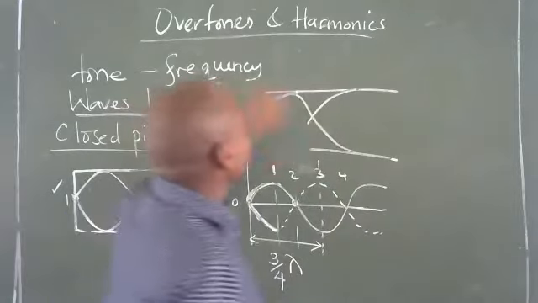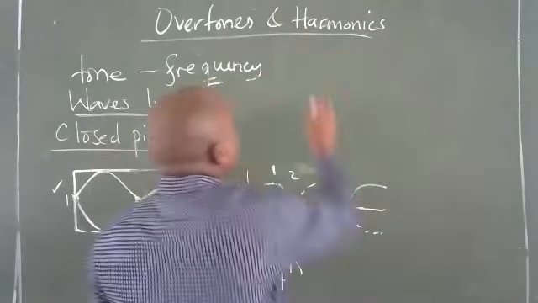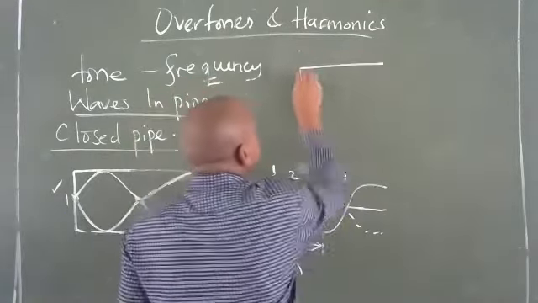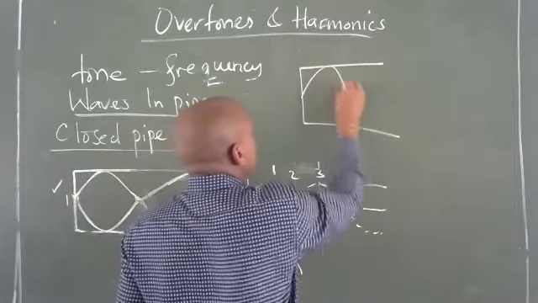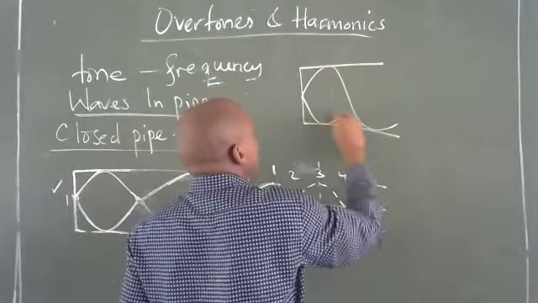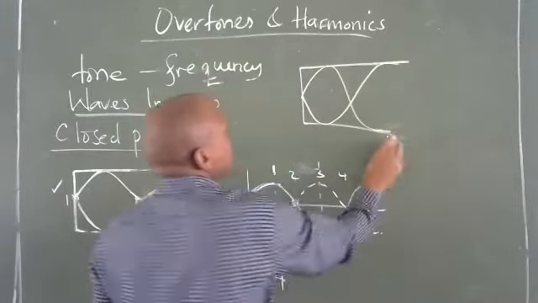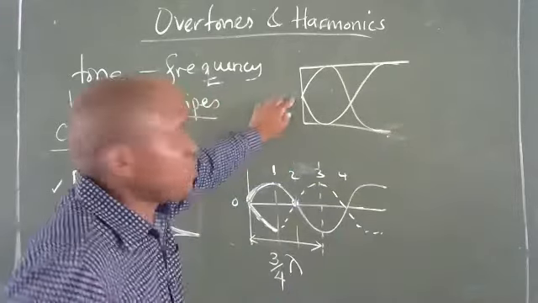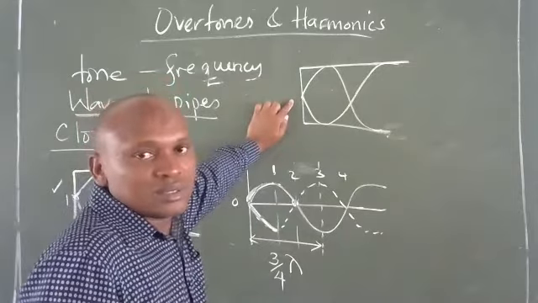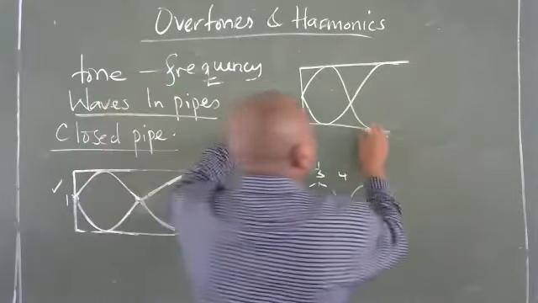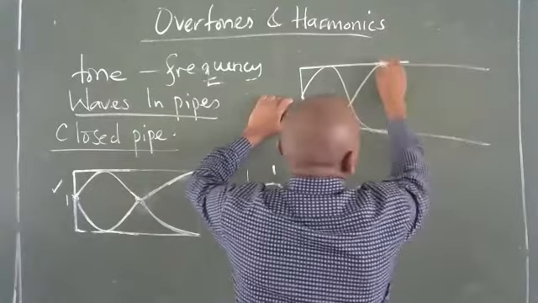You have to be careful. Let me show you this. If I have this, is it a right diagram? Is this a correct diagram? Yes, teacher. What if I have this? If my pipe is long.